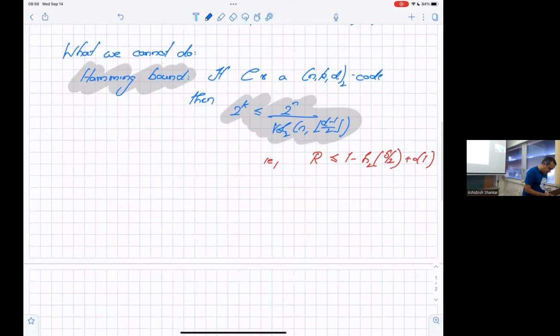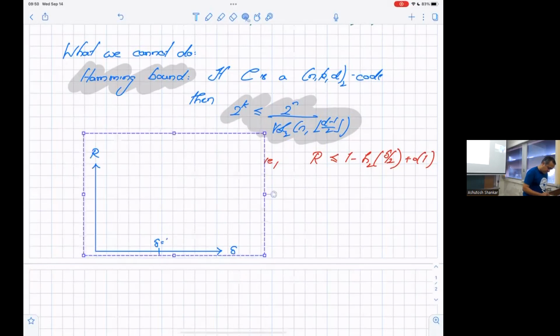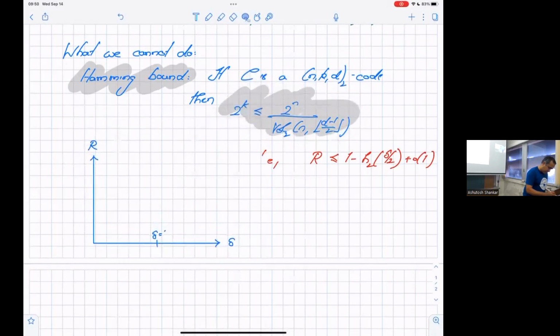We're going to pick this one because we'll be going to improve on it. We had delta, this was R, and this is delta being equal to 1.